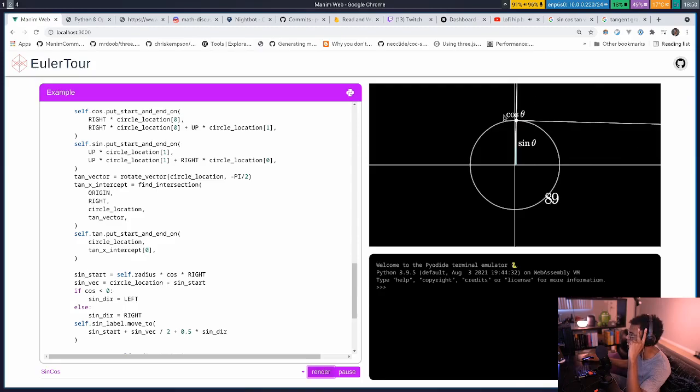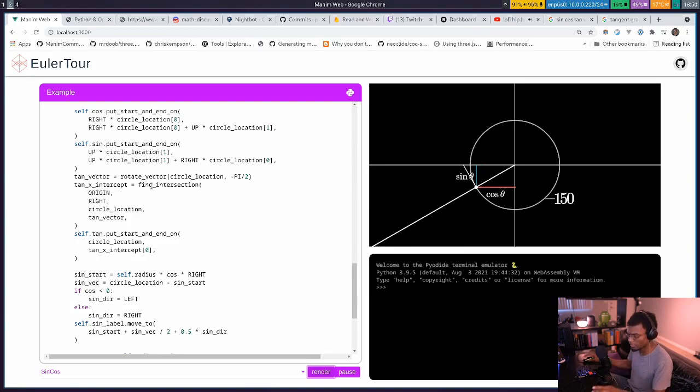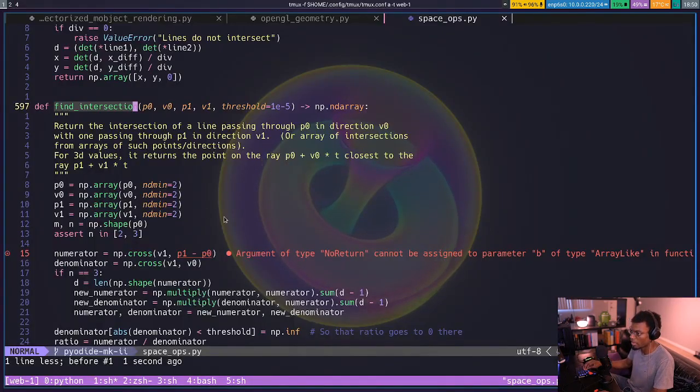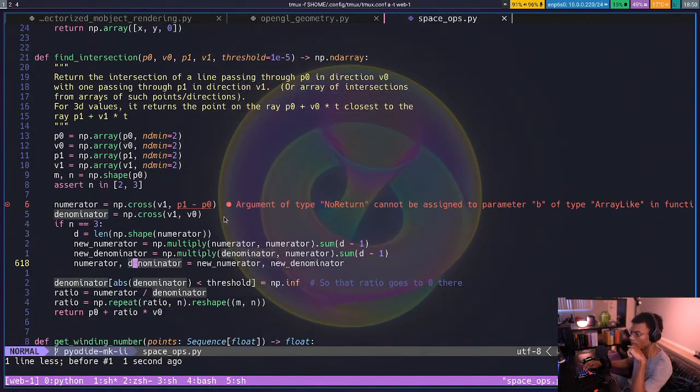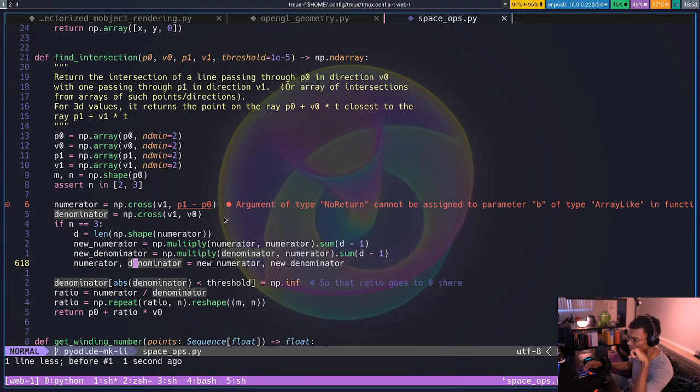Okay, then let me close that. It does seem noticeably slower now, probably because this intersection function does a fair amount of math. I guess it's not a ton, actually.